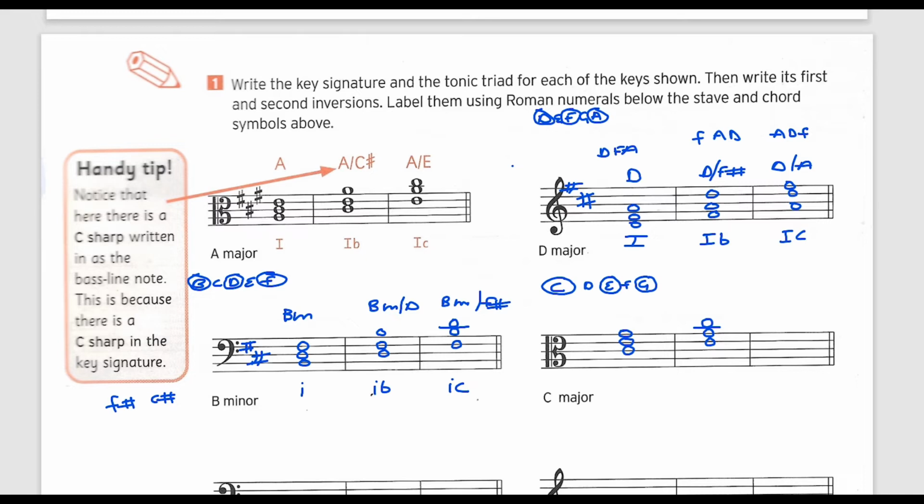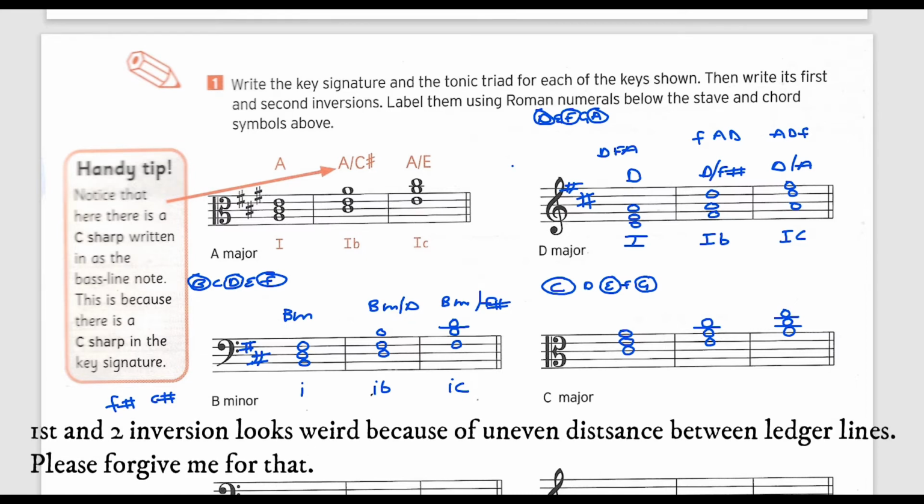Next one we're gonna take from G. So this is our G, A, B, C, D, E. So this will be our E, this is C, then this is D, and this is E here.